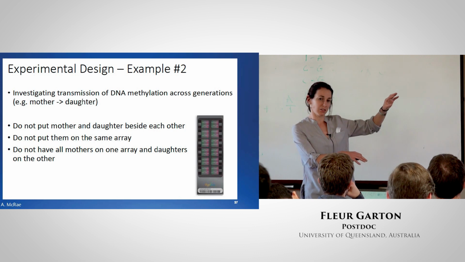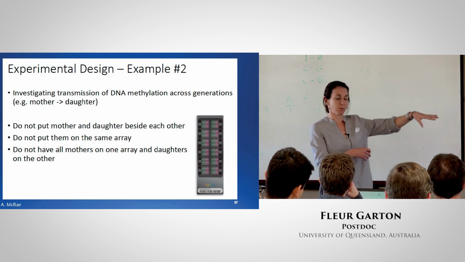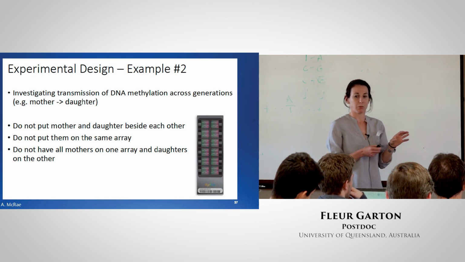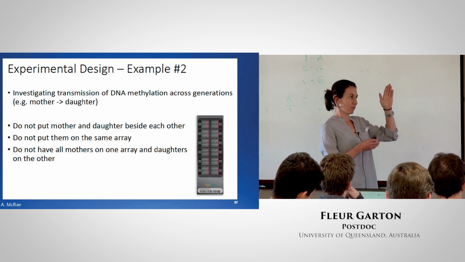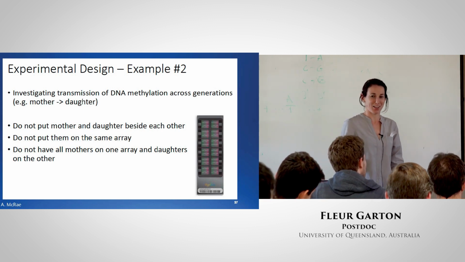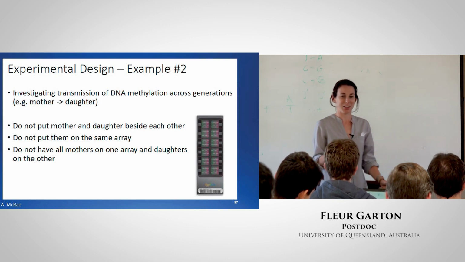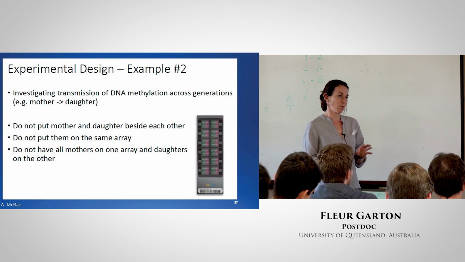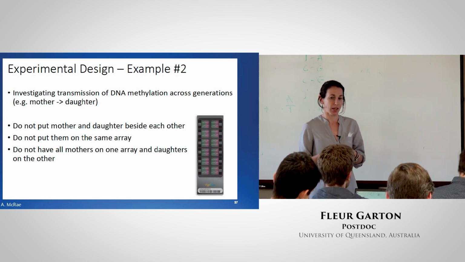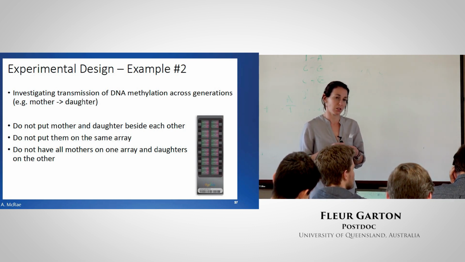So there's an association with placement on the array, so it should always be randomly placed. You shouldn't always place cases on the left side and controls on the right side. I know it sounds unusual, but this is what our lab has learnt, and this is different from SNP arrays, which are a lot more controlled, I think, and less variable than this methylation process.